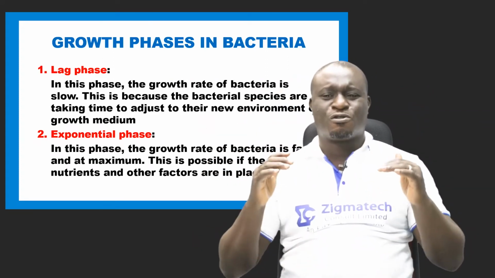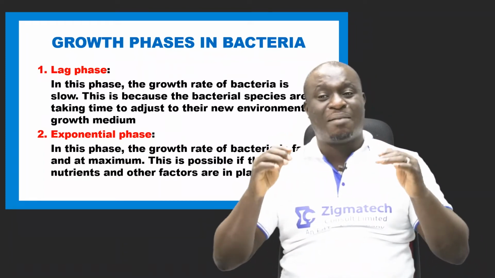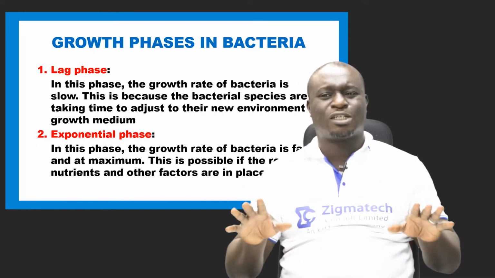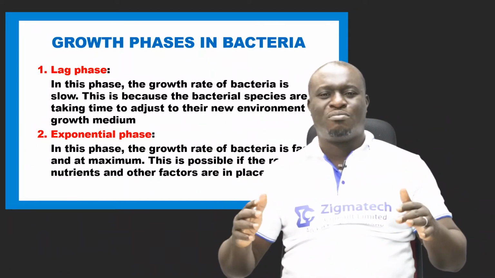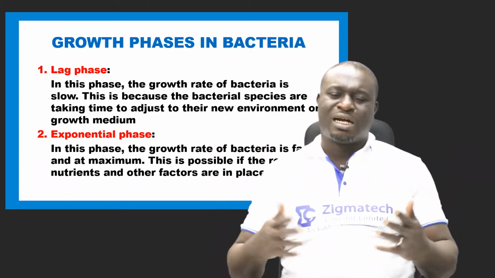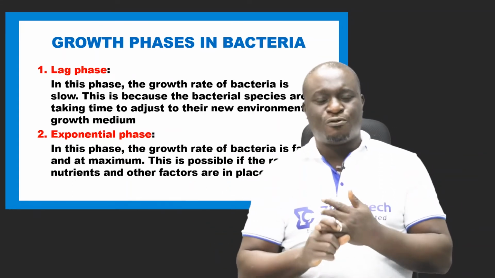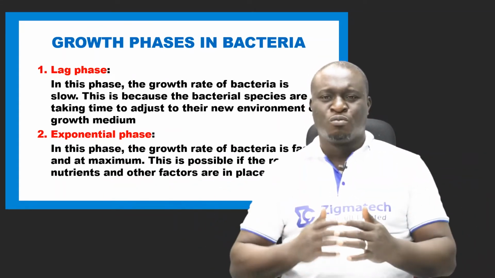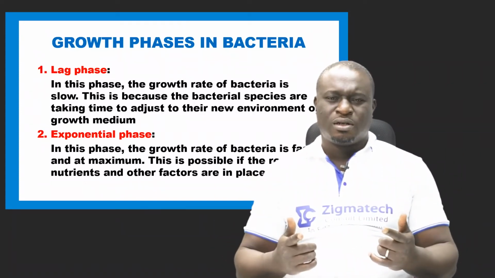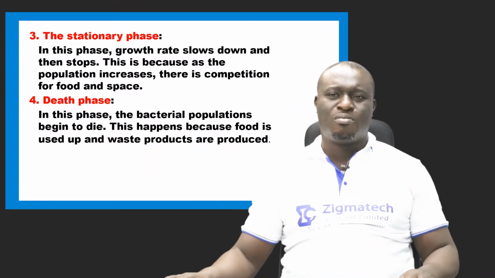This can happen if suitable nutrients and other factors which are necessary for rapid growth are in place, factors like oxygen, if it is aerobic bacteria, food, space, and so on. So the bacteria experiences rapid growth. The growth rate here is rapid and also maximum.